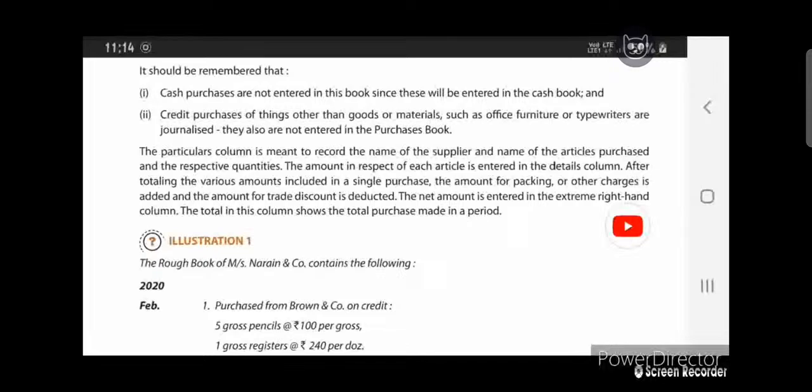Furniture for the office or typewriters should not be entered in this purchase book. Only purchases of goods or materials on credit are entered in the purchase book.